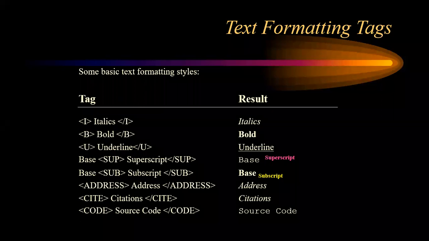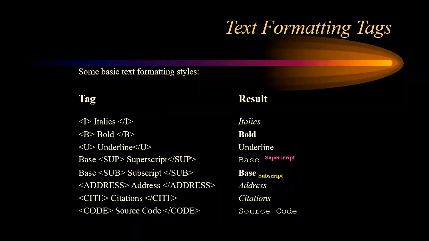Okay, here, students, we are going with the next text formatting tags. These are basic formatting styles that we can give a text in an HTML document. These tags are italic, bold, and underline. These are the very basic styles that we can apply on our text in any word processing software also.